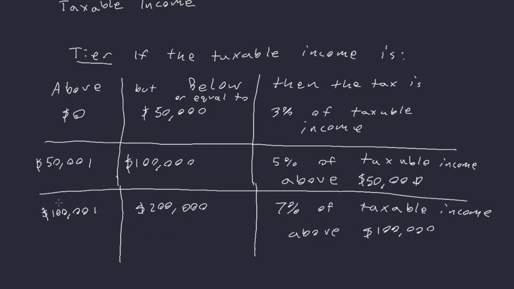So if your income is in here, you would pay 3% on the first 50,000, 5% on everything from 50,001 to 100,000, and then you would pay 7% on the remainder past that.